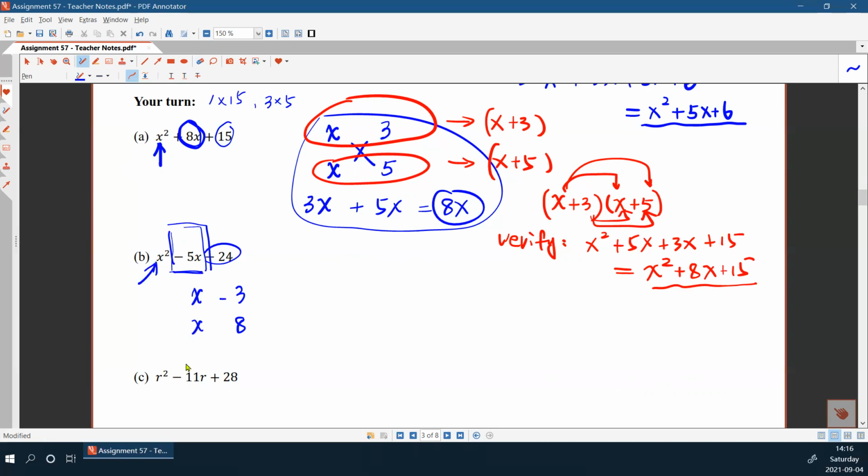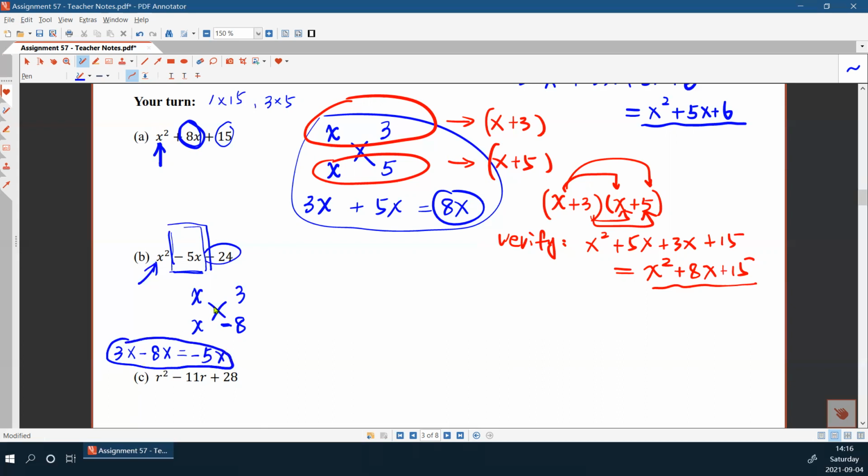If we put it in front of 3, you will get 8x minus 3x. This is 5x, not minus 5x, right? We can't put it there. The only way we can do is to put it in front of the 8, right? So in this way, we will have 3x minus 8x, which is exactly minus 5x, right?